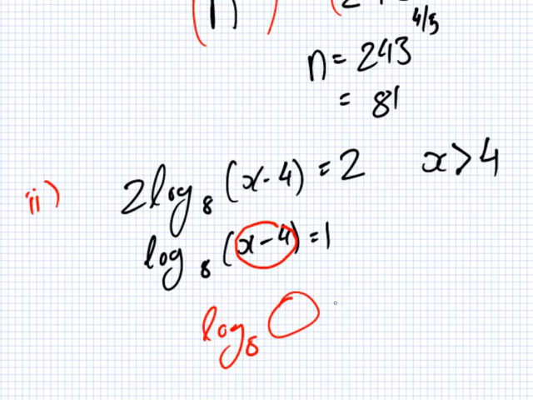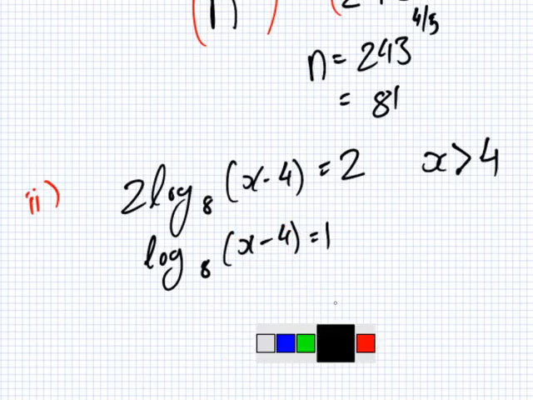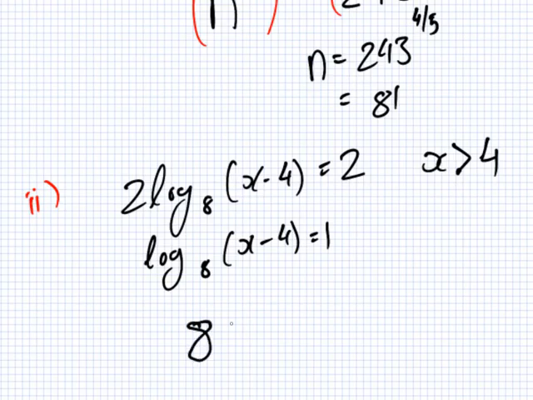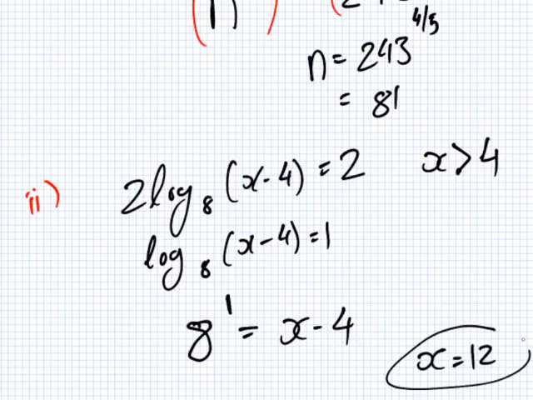It has to be 8. But if you don't want to do that, you can do this a little bit longer. Just remember what log means: 8 to the power of 1 must be equal to x minus 4. That's what log means after all. So x equals 8 plus 4, which is 12.